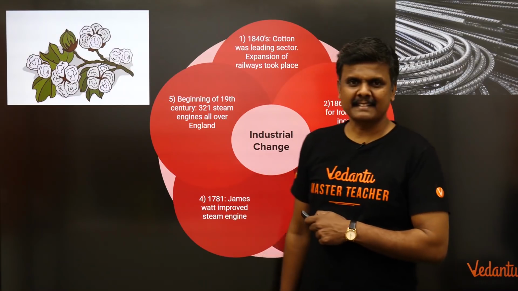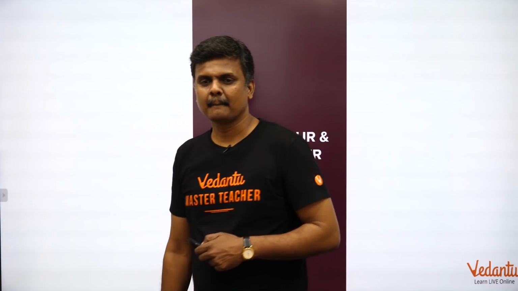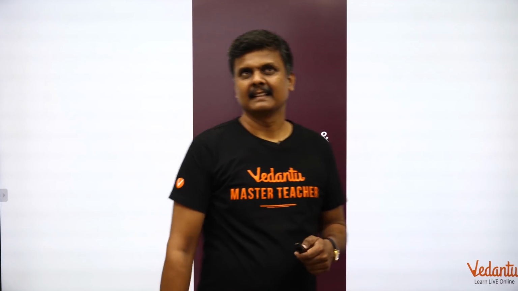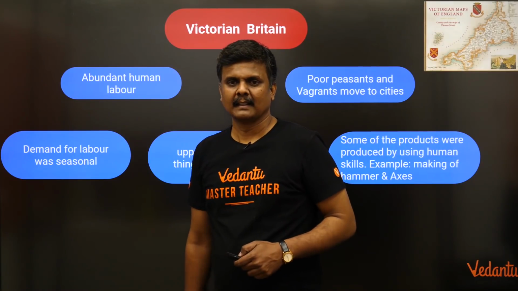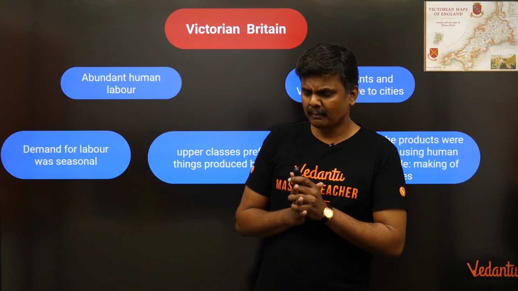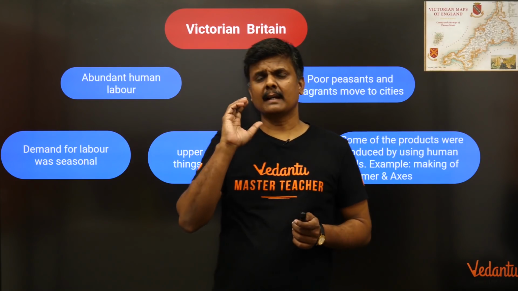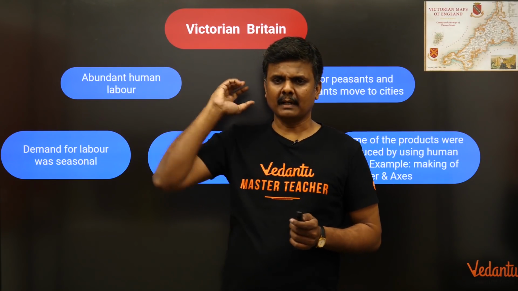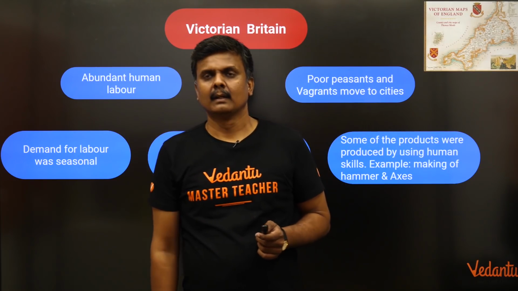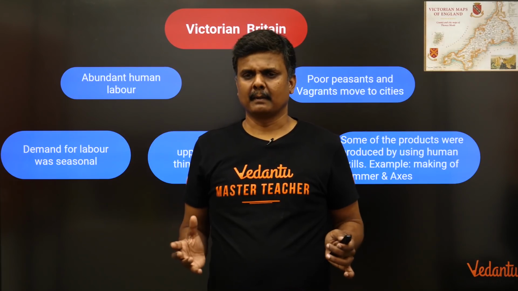Alright guys, it's very interesting, right? Now, manual labor and steam power. Let's look at this. Abundant human labor. Why is Britain called the nation of the industrial revolution? If you look at it, there was a lot of human labor.